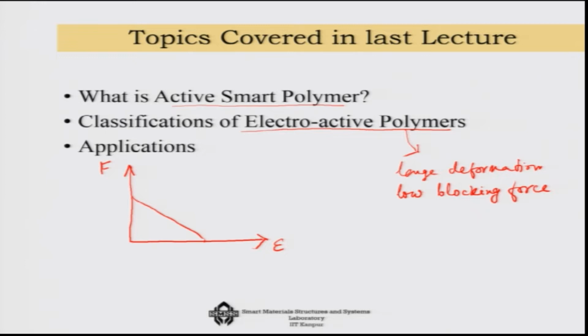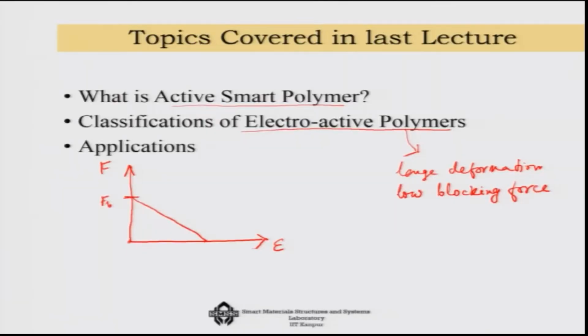On the other hand, this is the point which we call the blocking force, where the strain is 0, but you are getting maximum force by stopping the actuator from deforming at all. So, that actuator will be giving you the force. Now, this force naturally depends on, as one of the parameters, the modulus of elasticity. Because these polymers have low elastic modulus, they give us low blocking force.